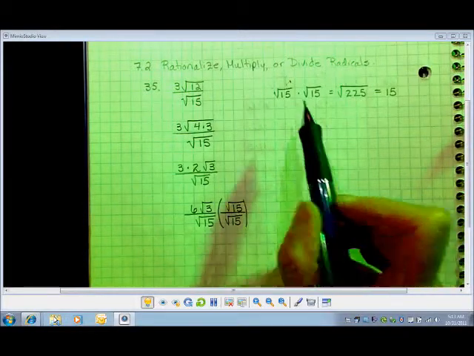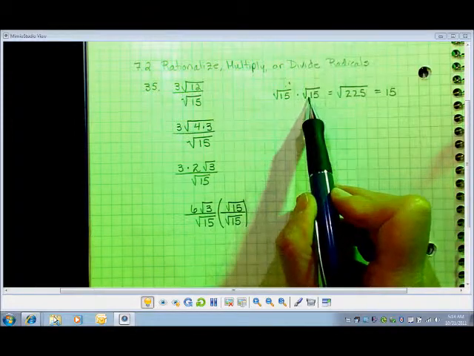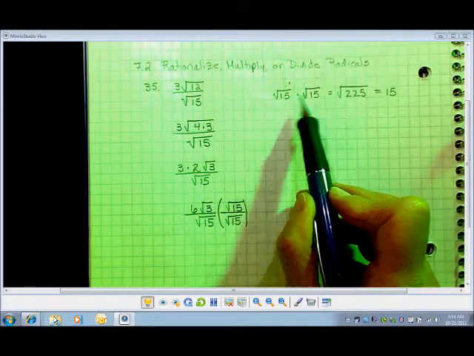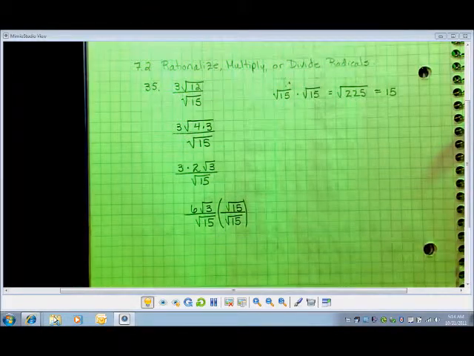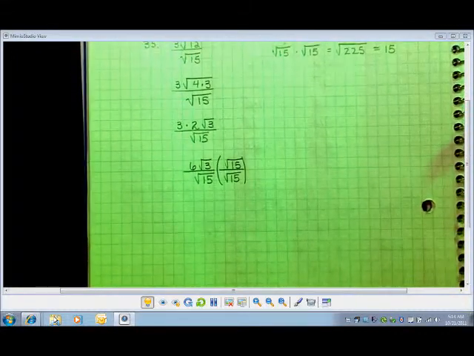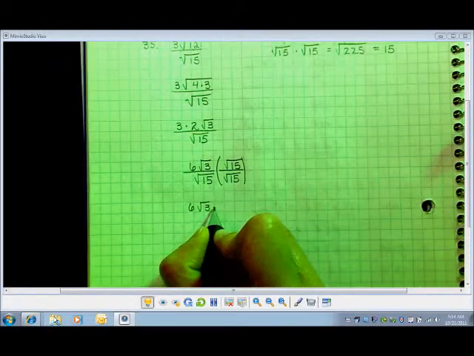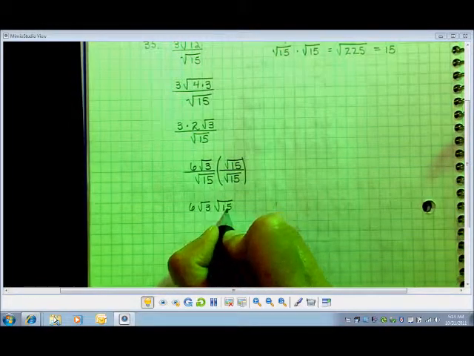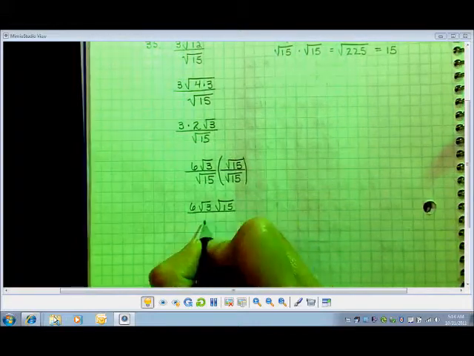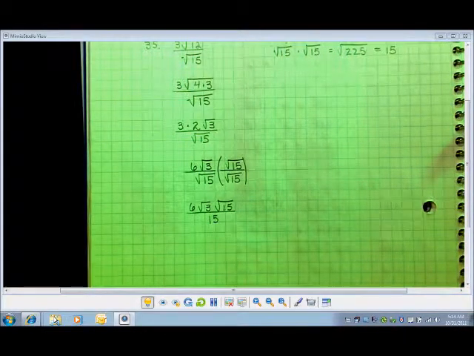So anytime I multiply a square root by itself, it gets rid of the radical. So that leaves me with 6 square root of 3 times the square root of 15 all over 15.